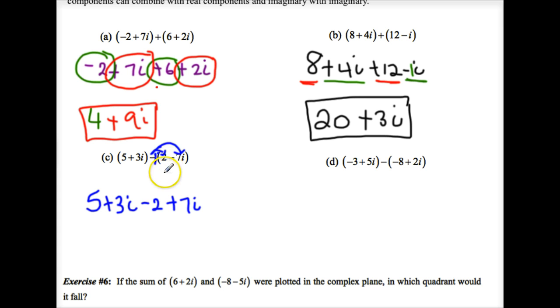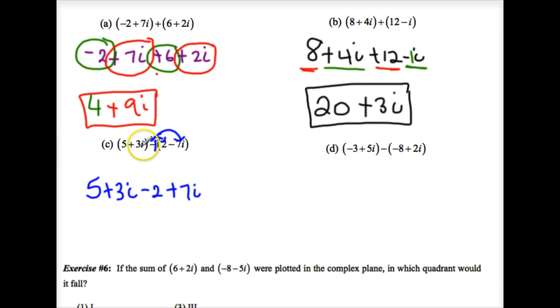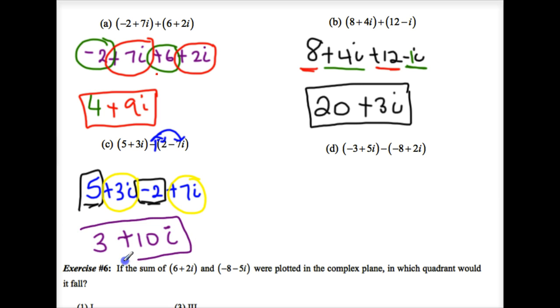See how this positive 2 became minus, and this minus 7i becomes plus. Once you have this, look for like terms: 5 and minus 2. Remember, keep the sign with the term. Then we have a plus 3i and a plus 7i. 5 take away 2 is 3. 3i plus 7i is 10i, so your final answer is 3 plus 10i.